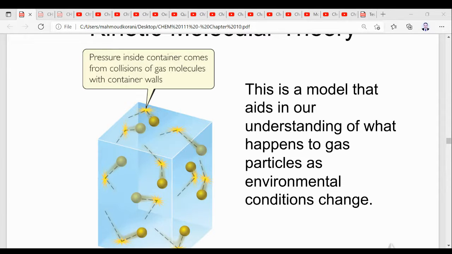Okay. We are discussing, as I mentioned, the application of the kinetic molecular theory of gases. As the kinetic energy increases, the velocity or speed of the gas molecules increases.